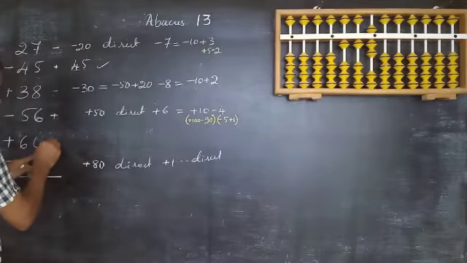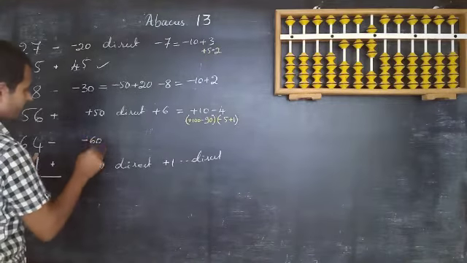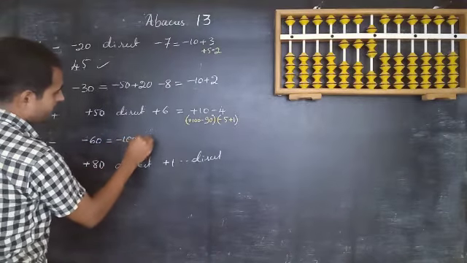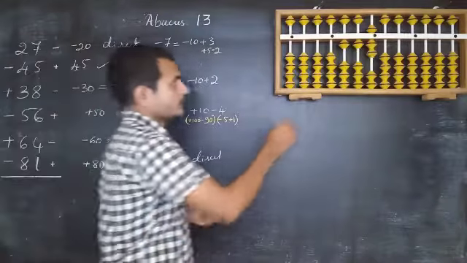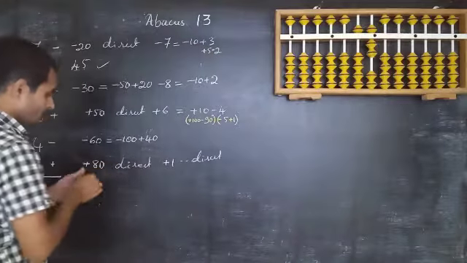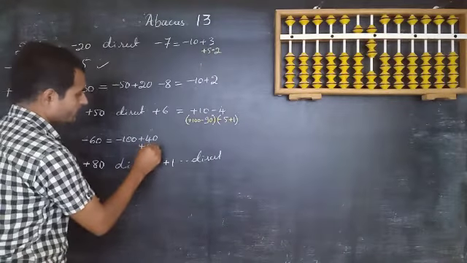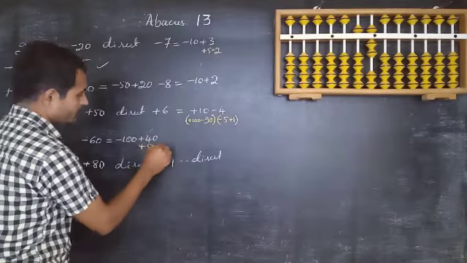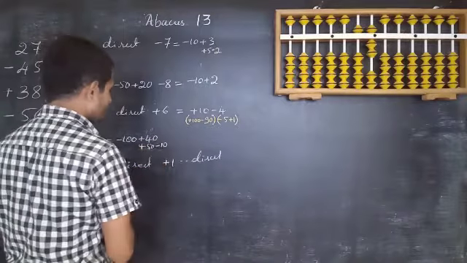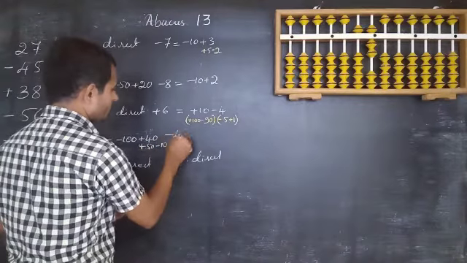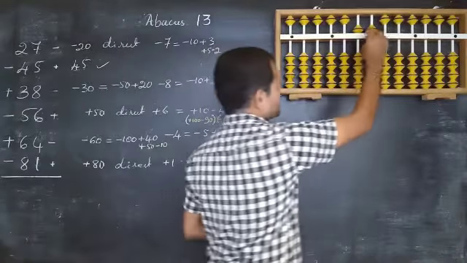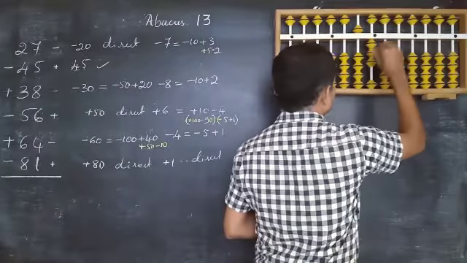Minus 64: minus 60 is equal to minus 100 plus 40, plus 40 is equal to plus 50 minus 10, minus 4 is equal to minus 5 plus 1.